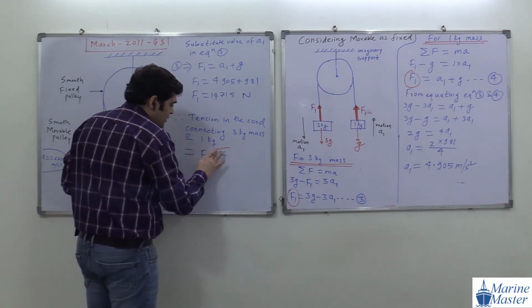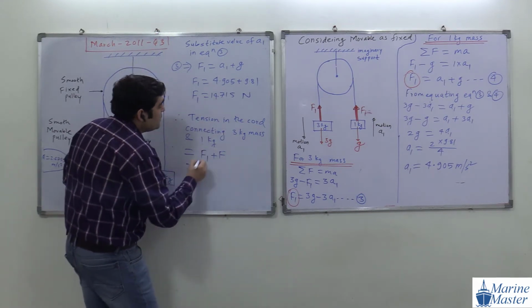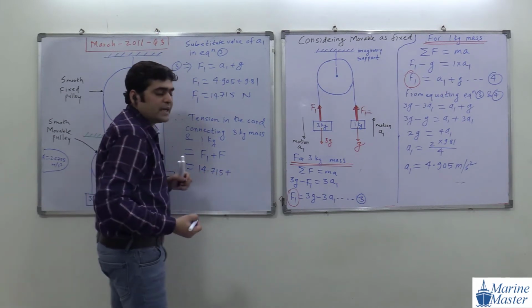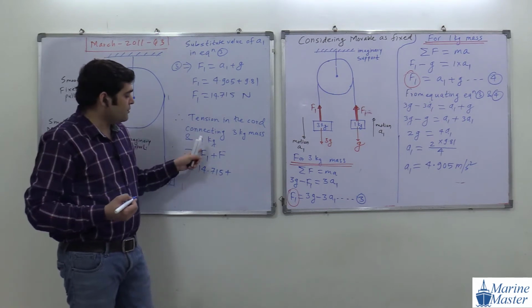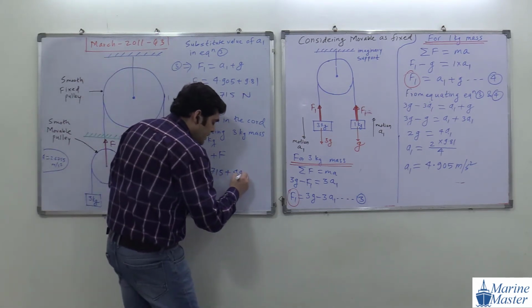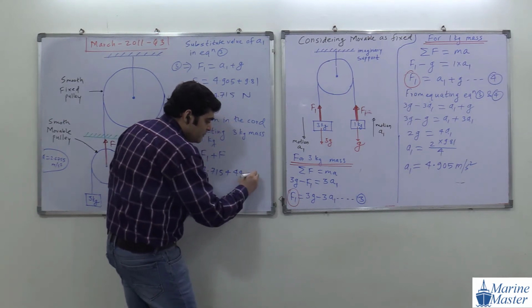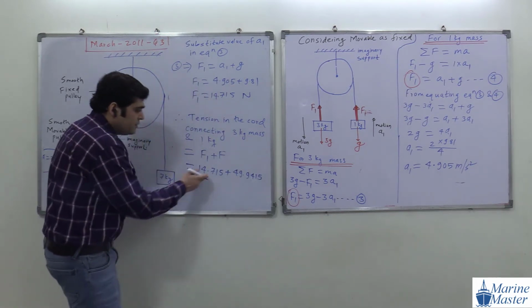Try to see the scenario here. What is the value of F1? 14.715. What is the value of F, guys? F1 value is 14.715 and F is 49.935. Please everyone do the calculation.